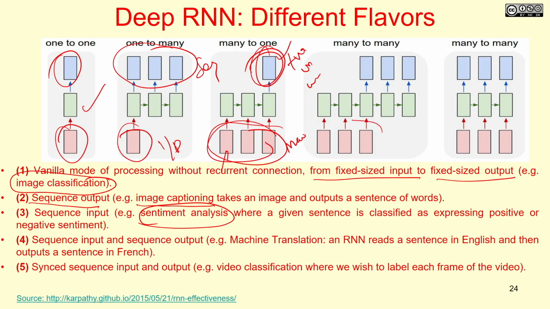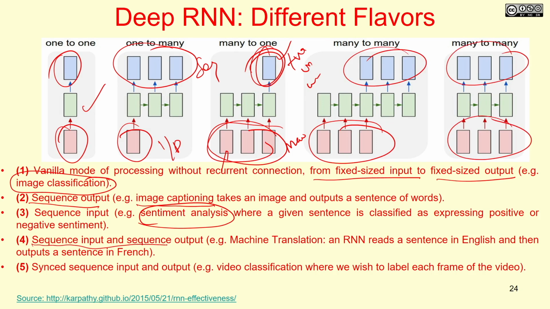The fourth is many input, many output, where the difference is sequence input and sequence output. And what is the fifth one? That is synchronized sequence. What is that? Machine translation.